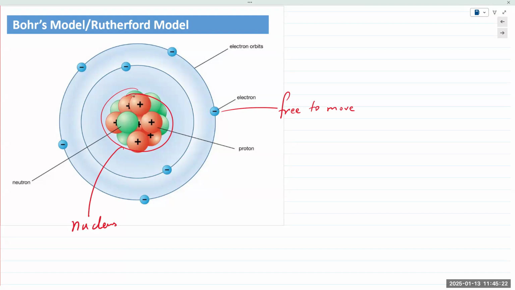Now, in these models, what is stated is that the electrons cannot occupy different orbits or different energy levels at random. The energy levels are quantized. So every orbit has a specific energy level. Every energy level is quantized, meaning it has a value.